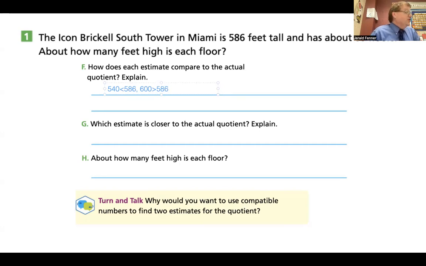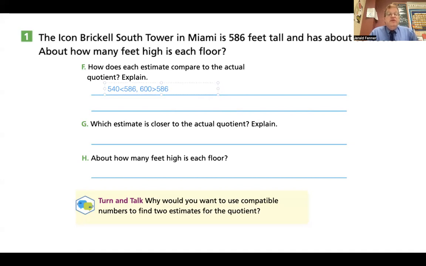Which one is actually closer? Well, if you look at 586, which one is closer? Is it closer to 600 or is it closer to 540?